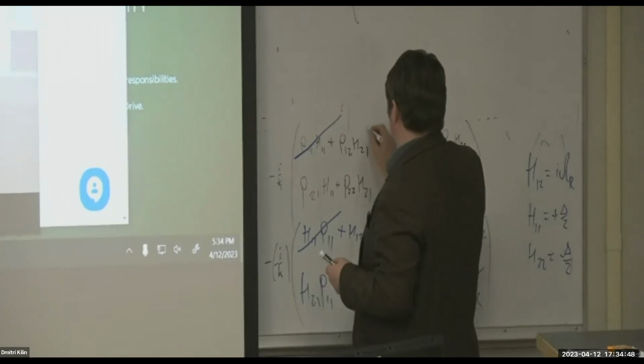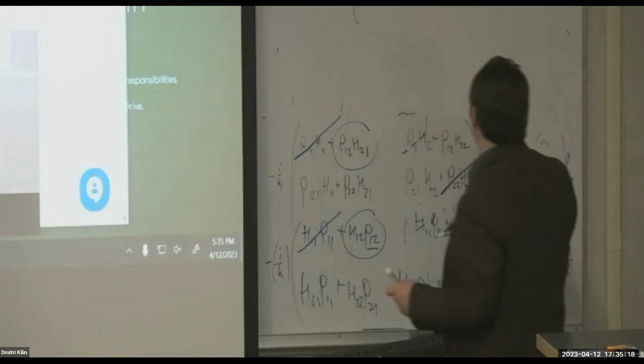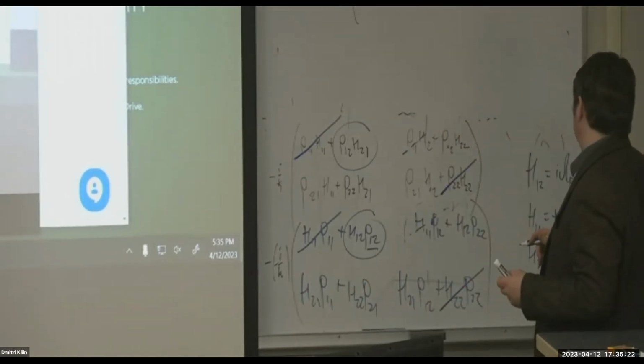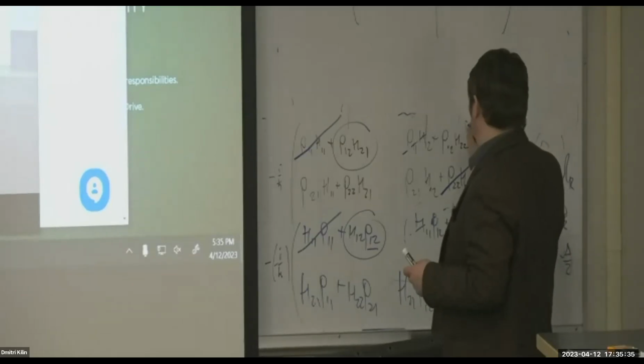So we do have row 1, 2, H21. H21 minus H12. So 25% done. Next one.